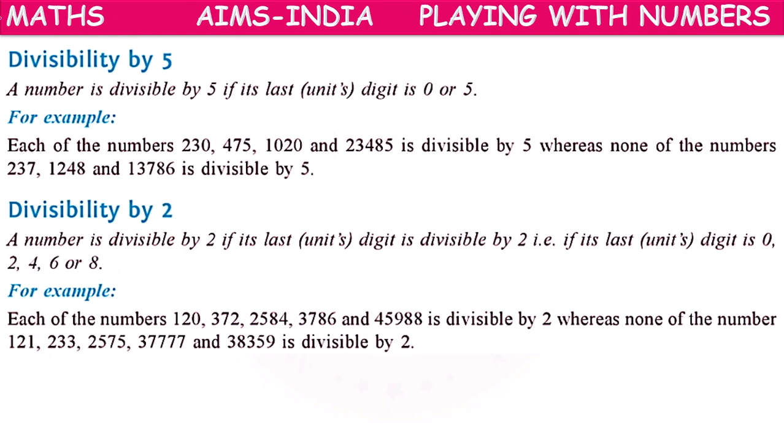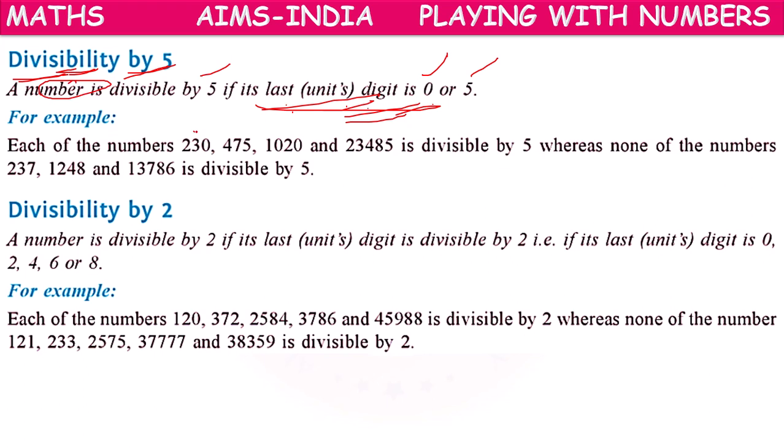Next, in the same way, if you want to check the divisibility by 5, what we have to test is whether the last digit or unit digit is 0 or 5, because any number is divisible by 5 if its last digit is 0 or 5.